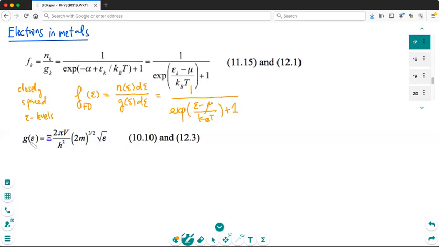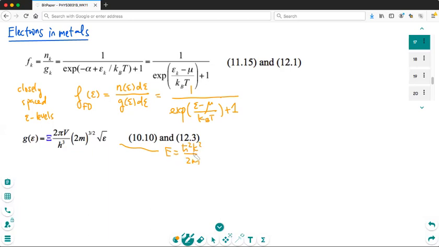So here this is something we derived before in chapter 10, and we derived it without this blue factor here. This is something I add in simply because of how we got these energy levels back then. By the way, this is the density of states in energy, g(E), and we obtained it from a specific energy function, this kinetic energy form.